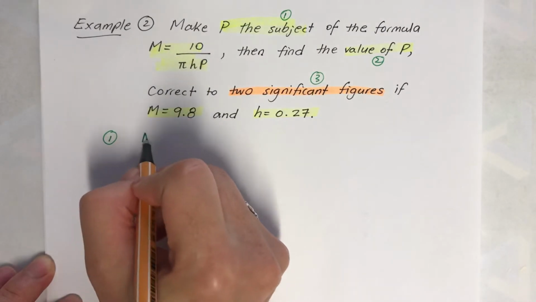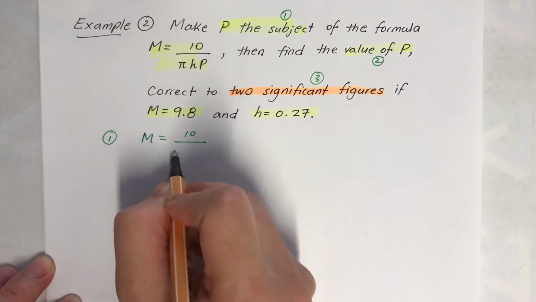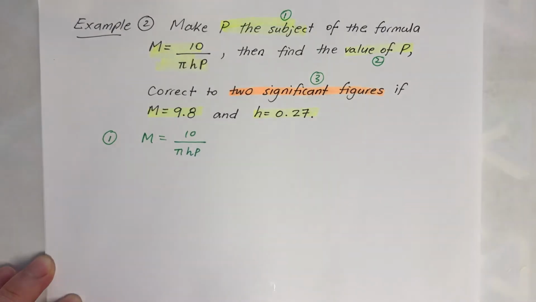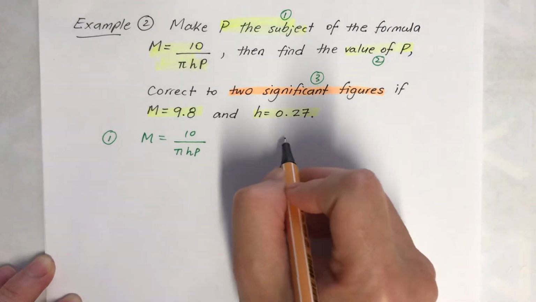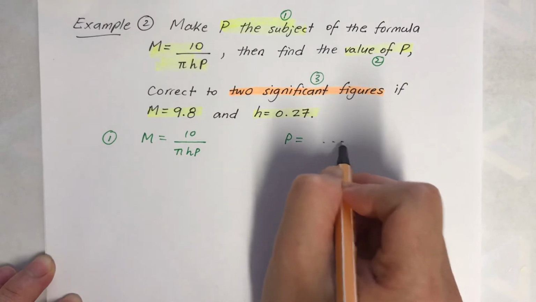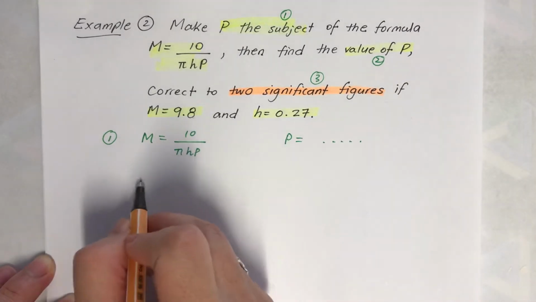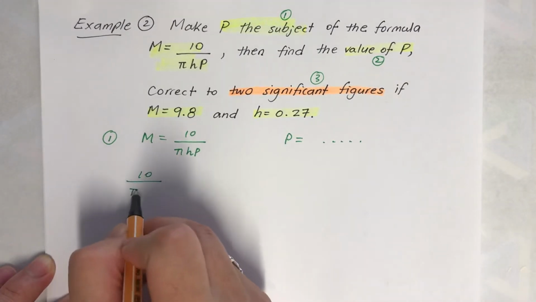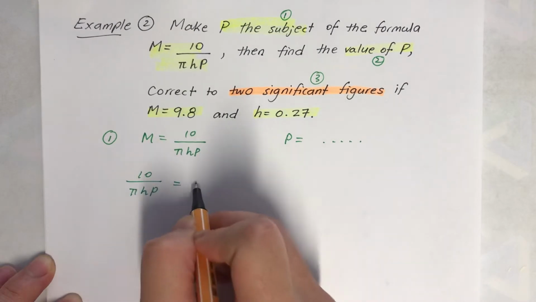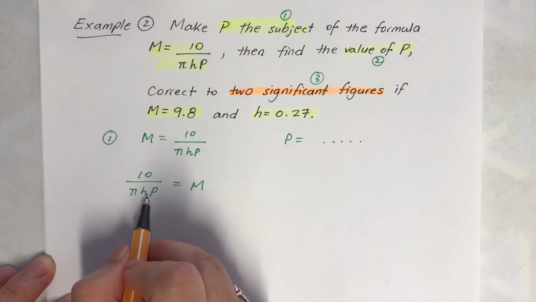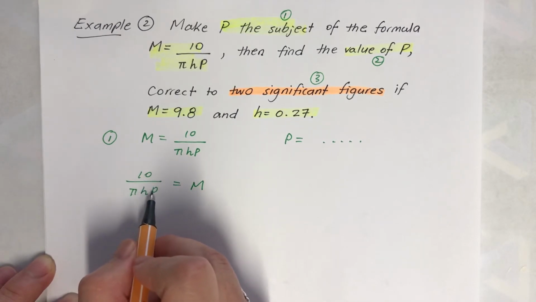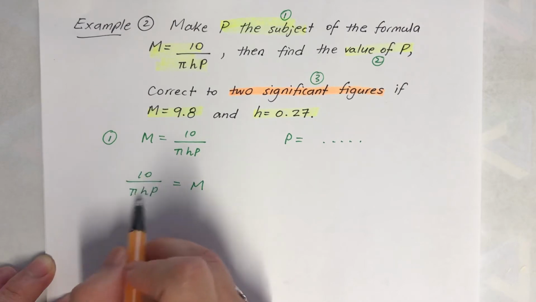So I've got M equals 10 over pi H P. And I want P on my left-hand side because I want P equals something. So I'm going to swap this, so it'll be 10 over pi H P equals M. Now, I want this to be non-fraction and I want P by itself on this side.